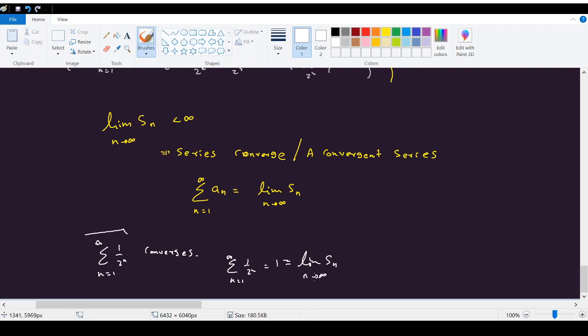So this is how we define the addition of infinite terms, okay? We define the addition of infinite terms with the help of partial sums.